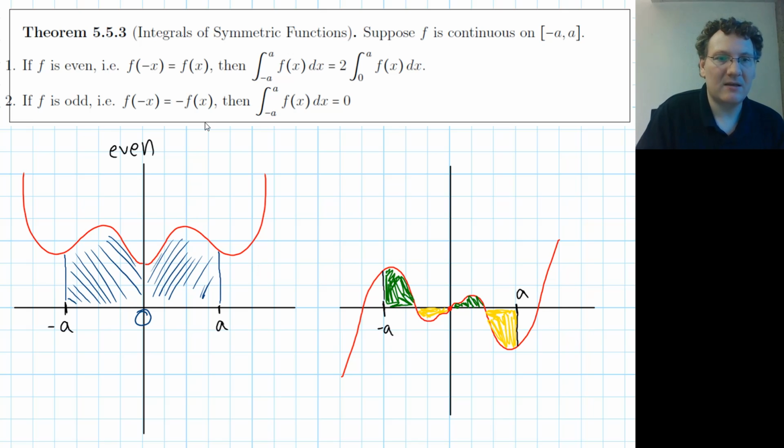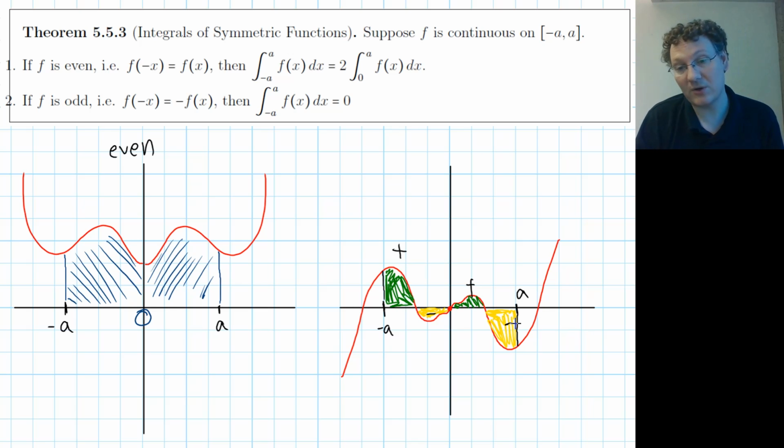Of course, you can see that the positive, the negative, the positive, the negative, it all equals out. You're going to get 0. So integrating odd functions over symmetric bounds, it's going to be a 0 area.